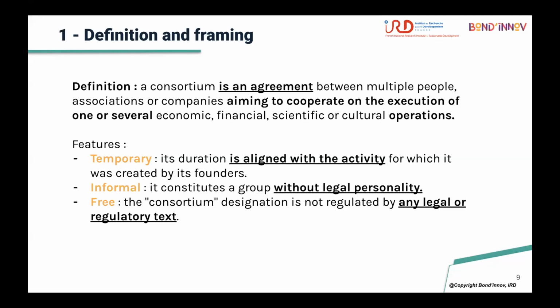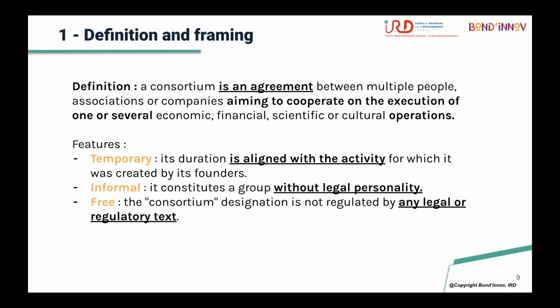Here we can see some main characteristics of a consortium in the domain of a research project. A consortium is temporary. It means that it is aligned with the activity, so the duration of the consortium is aligned with the duration of your project. A consortium is informal.